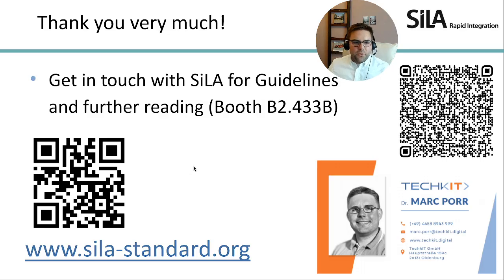And if you want to get in touch and want to learn further about what can be done, I recommend visiting our website and also look into the SiLA GitLab repositories, because we implemented templates for software composition analysis, for static analysis and dynamic analysis. It's all open source, as SiLA is open source, so you can use these GitLab CI templates to also integrate these automations in your software.